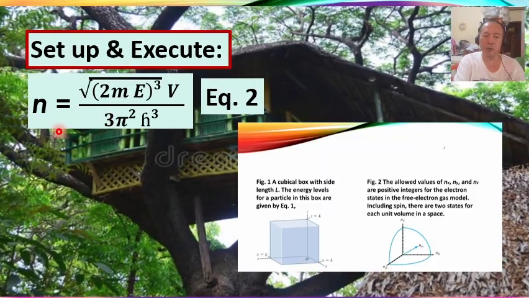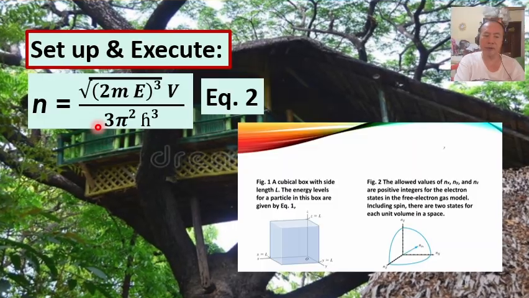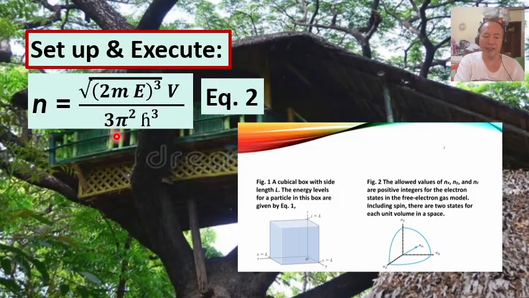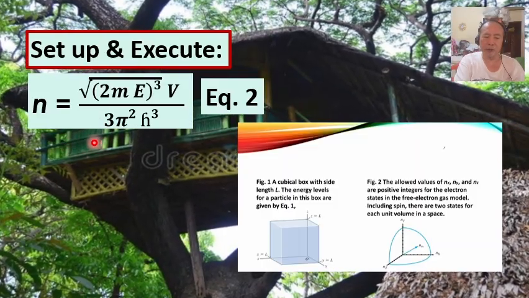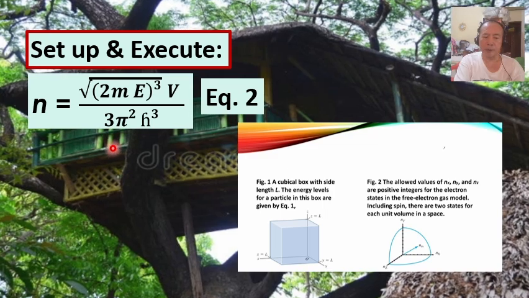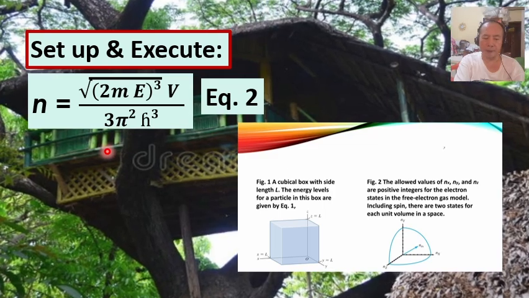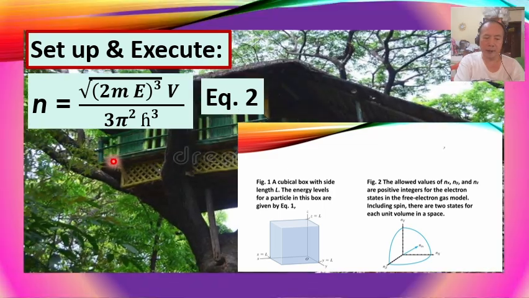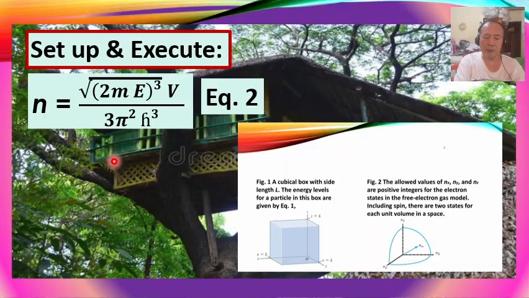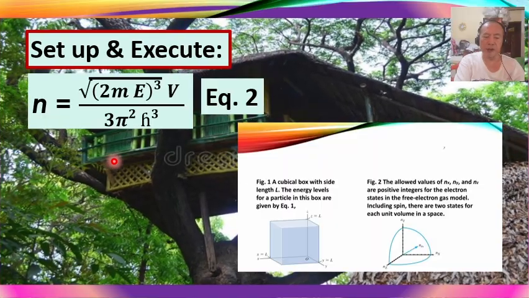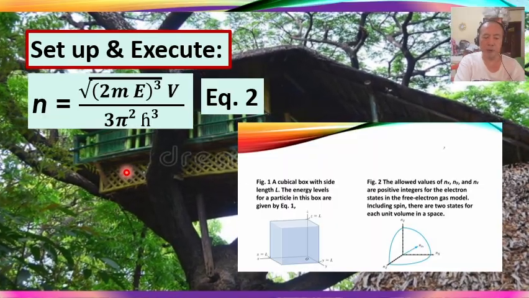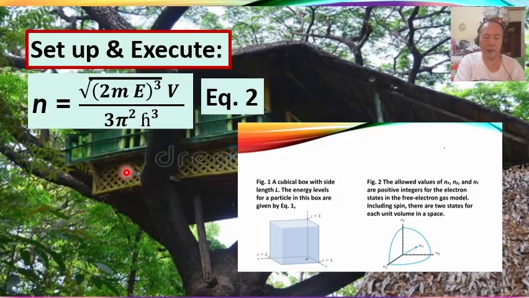Given in equation 2 is the electron concentration, small n, equal to the total number of electrons, capital N, per unit volume, capital V. And we set capital E to the Fermi energy at absolute zero, capital E sub F naught.